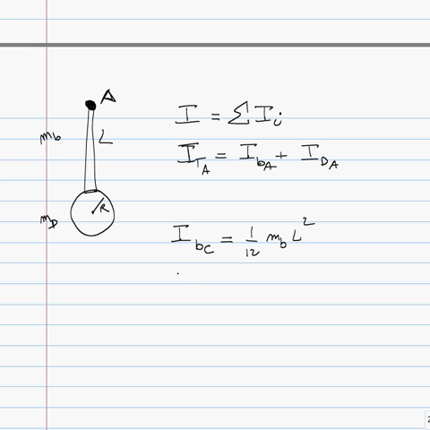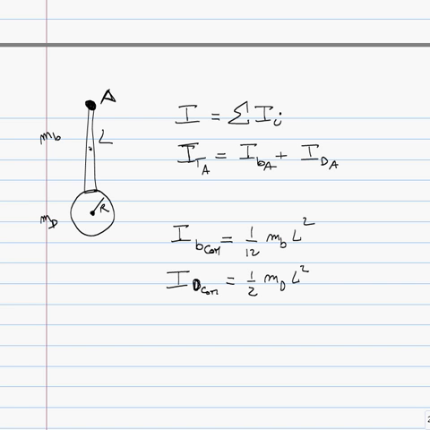And let's imagine that we also know that the moment of inertia of the disk about its center of mass is 1/2 md r squared. So this I is the moment of inertia about an axis going through its center, and this one is about an axis going through its center of mass.